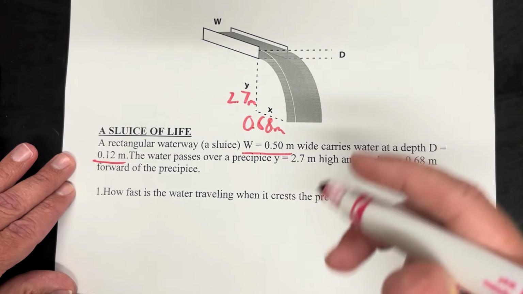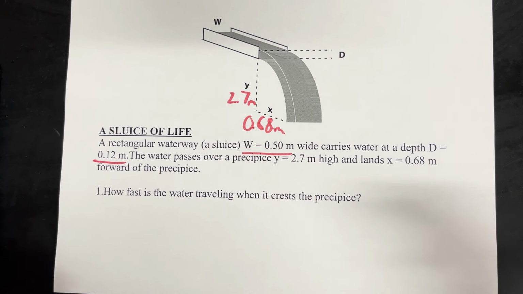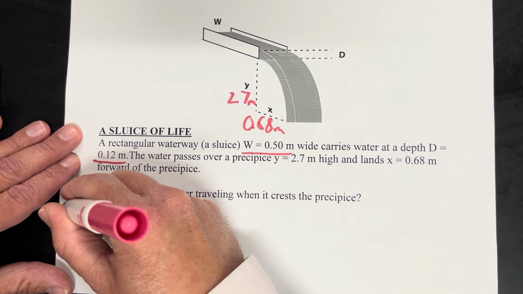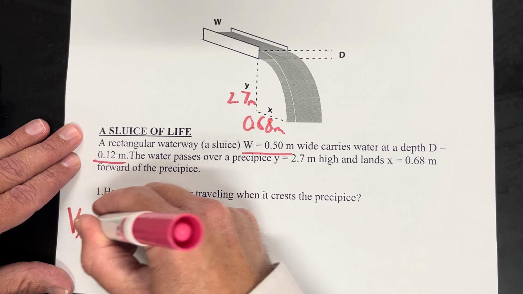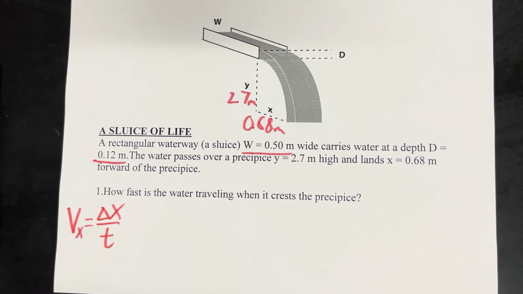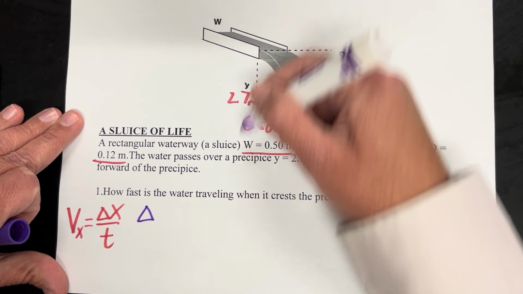So what we are going to do, this is a horizontal projectile problem. The velocity in the x direction will equal our displacement in the x direction over the time it takes to fall. Now, we don't know the time it takes to fall. We always use the third kinematic equation to solve for this, and that's going to be in the vertical world.